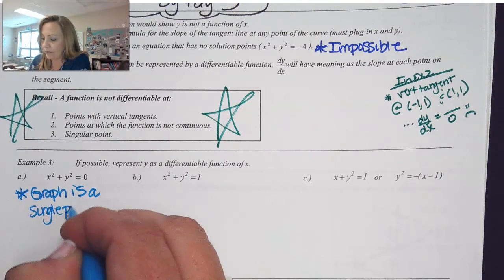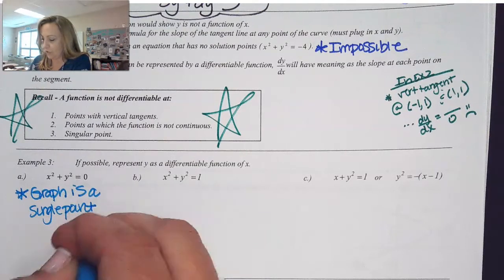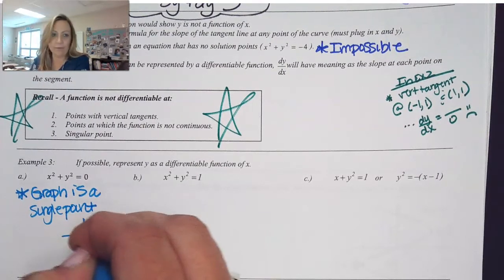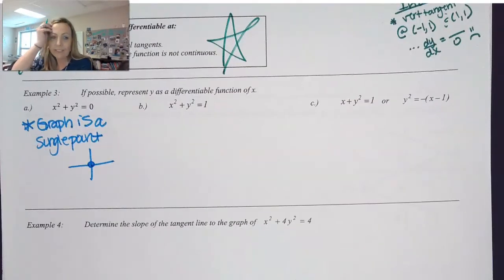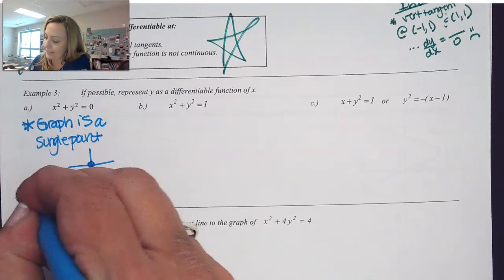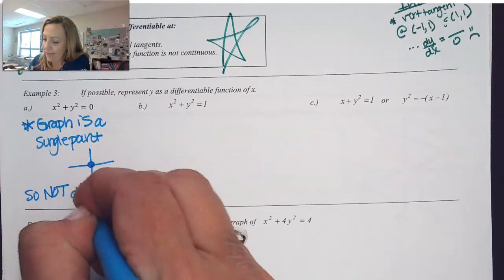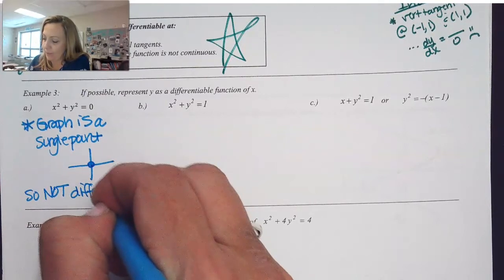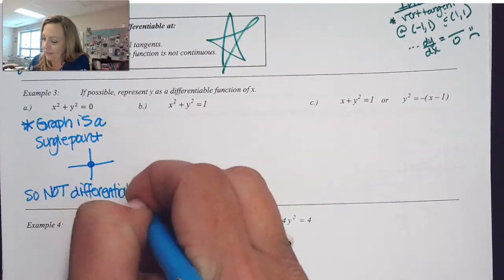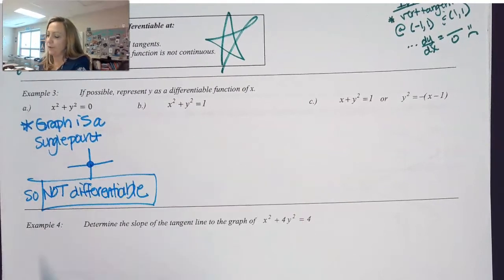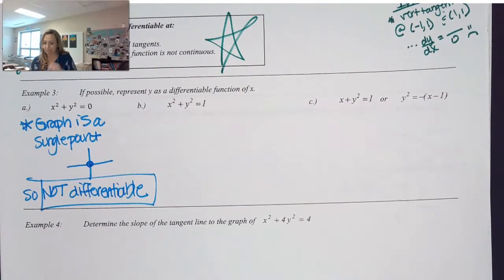Like it's just like, whoop, there you go, like that's it. So because of that, what that tells us is that this is not differentiable. So see how they said if possible? Okay, so that one would not be differentiable.